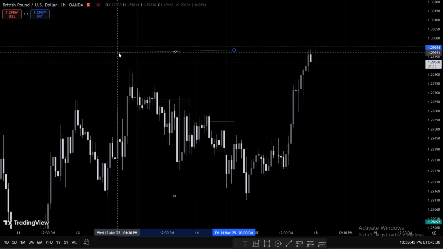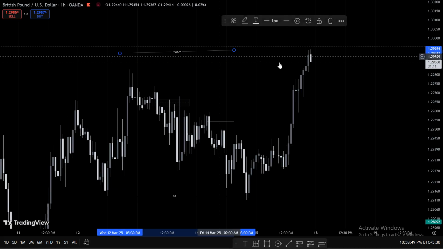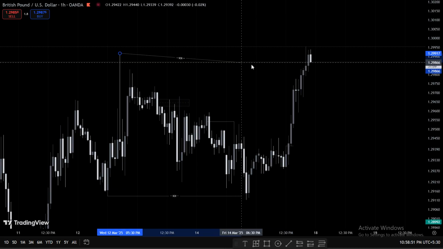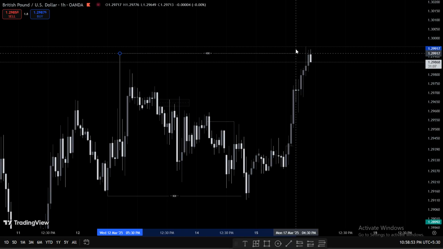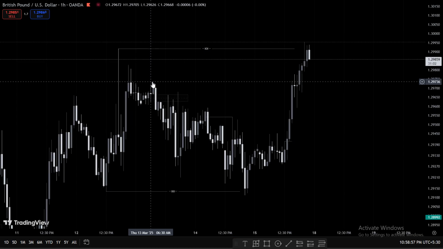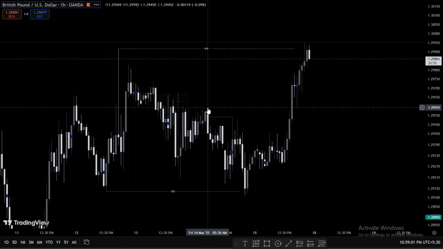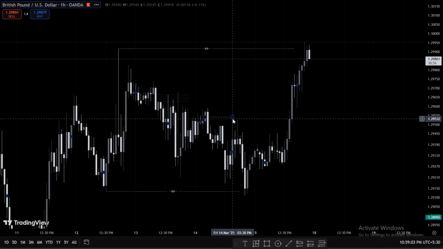This is buy side liquidity, and this is another buy side liquidity. This one also another buy side liquidity. This one also buy side liquidity, and this one also.